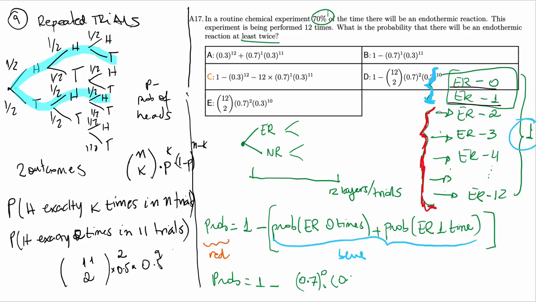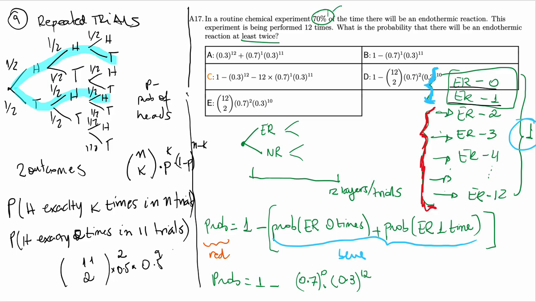Times the probability of the other event happening. What's the other event? It's not having the reaction. If I had the reaction 0 times, how many times will 0.3 appear? All the others, right? So 12. Okay? Yeah. I'm confused. Where did we get the 0.3? It's, yeah, cool.